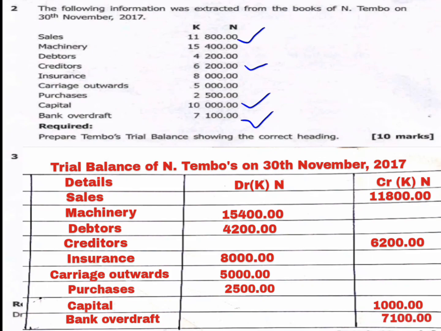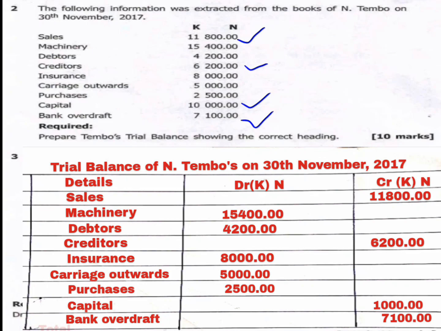zilongwe. As for bank overdraft, you are supposed to credit. So now let me add the figures on the debit side and also the figures on the credit side. Let me start with the debit side. I'm going to say 15,400 plus 4,200 plus 8,000 plus 5,000 plus 2,500.